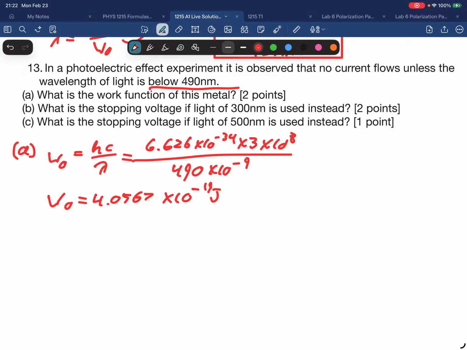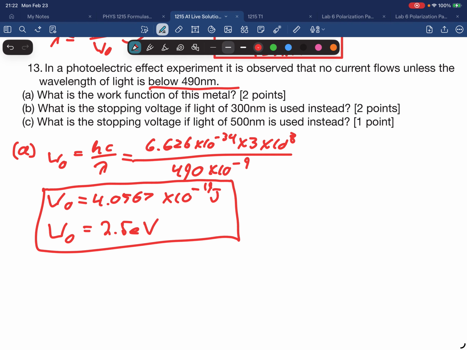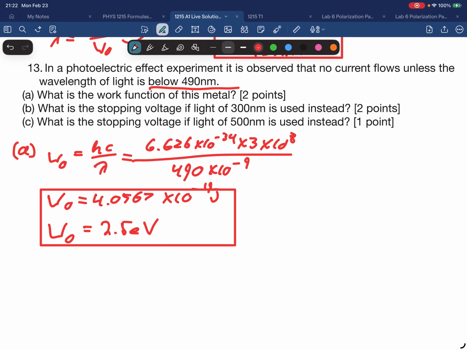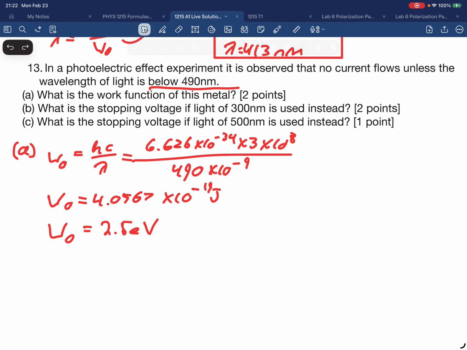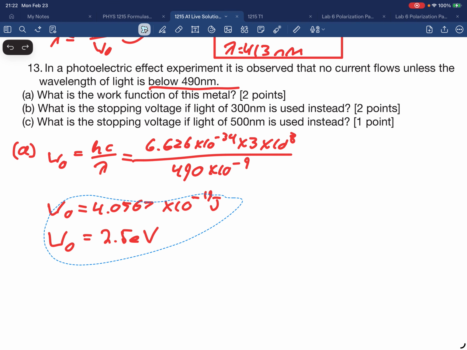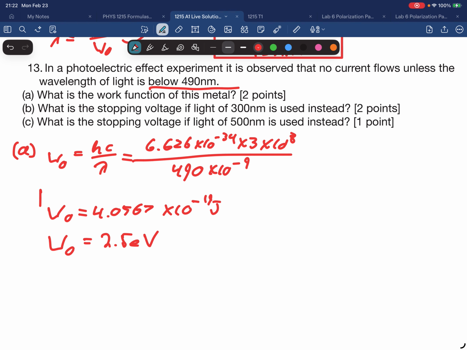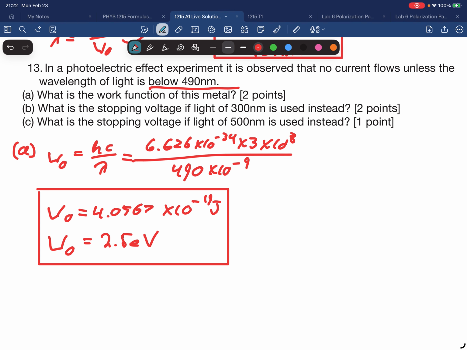So converting this to electron volts, you should get 2.5 electron volts. Both of these are perfectly acceptable.